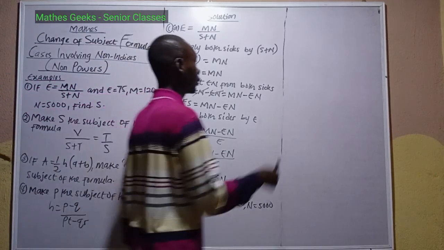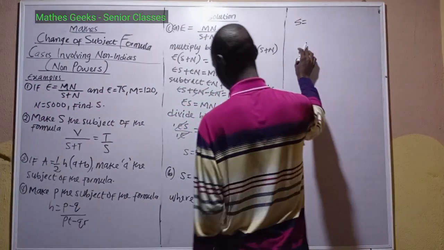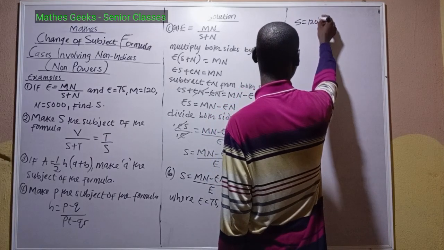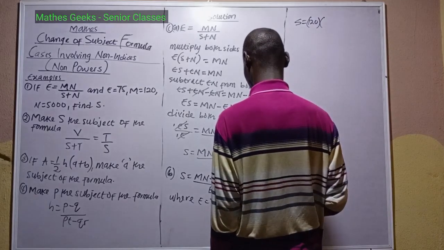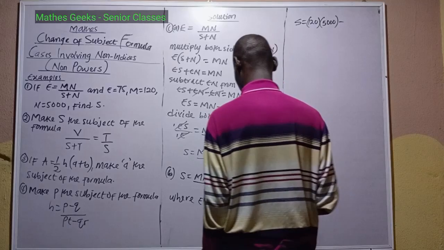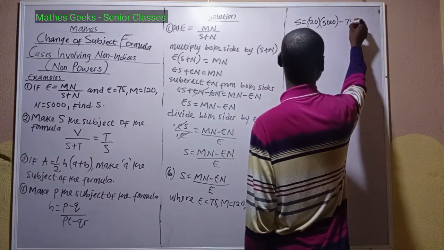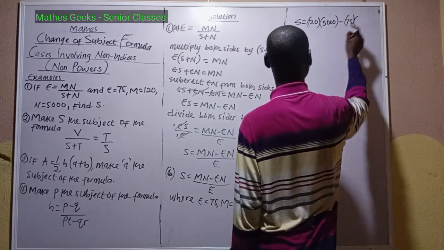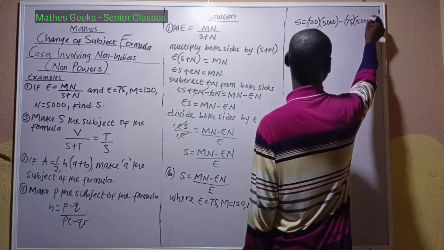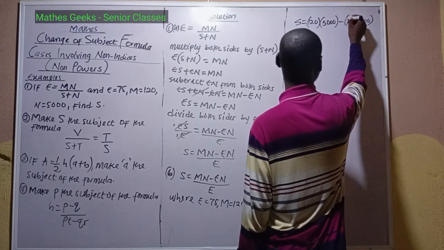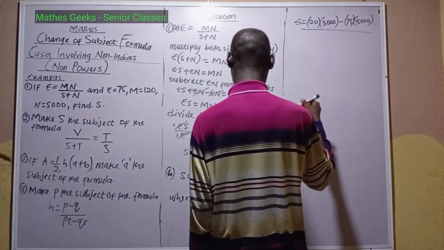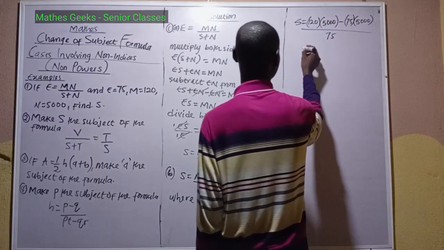So S is equal to 120 times 5,000 minus 75 times 5,000 over 75.